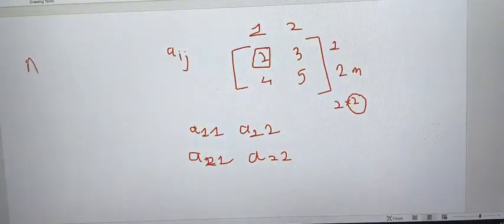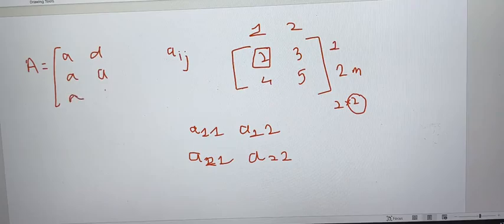They told us to write a matrix, so capital A is equal to square brackets. They told 3 rows and 2 columns. So first fill it up in this way so that you get 3 rows and 2 columns. Close the square bracket.